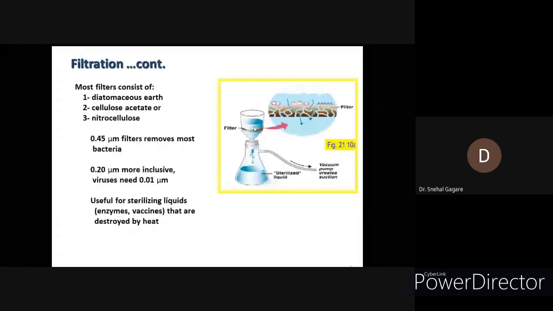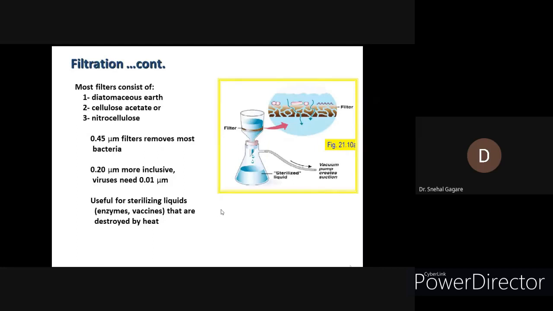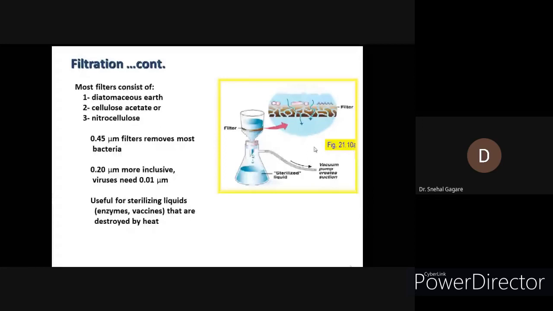You need to attach them to a specific kind of motor or vacuum pump, which will pump this at a faster rate, because the pore size is very small. It will enter the vessel drop by drop. You want to increase the rate at which the media is flowing, so you attach this to a vacuum pump, which creates a suction over here so that it drips down faster.